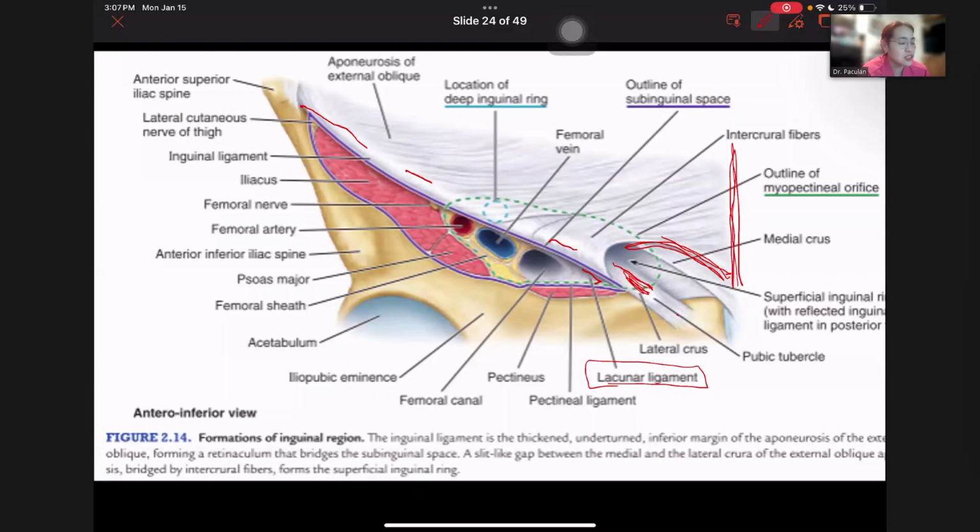You call this your myopectineal orifice, outlined in green here. You can see that this is the site of direct, indirect, and femoral hernias. Because of the natural site where the femoral artery, vein, and the femoral canal are, that is a potential weakness. And you call that your myopectineal orifice.